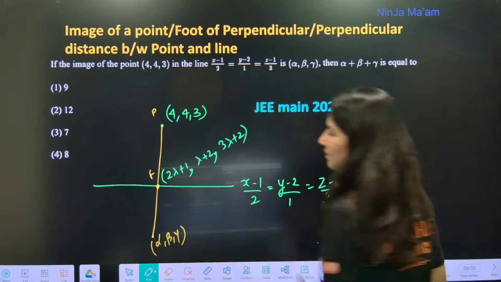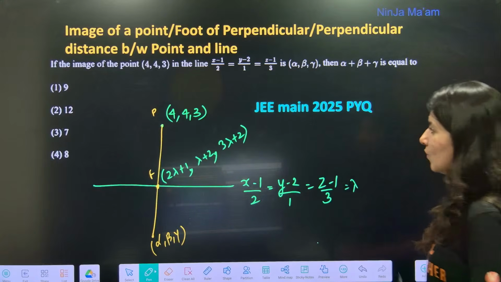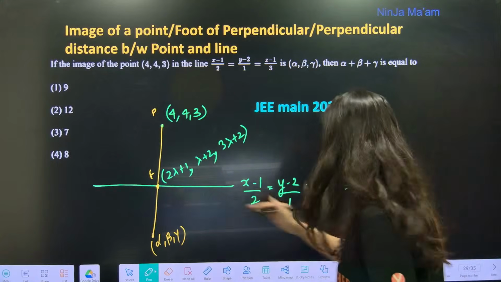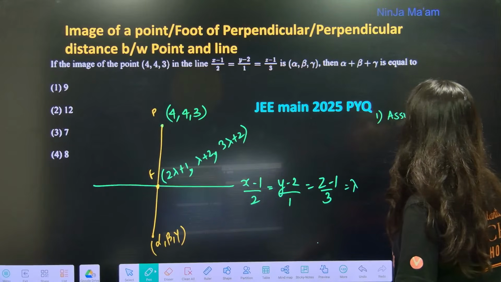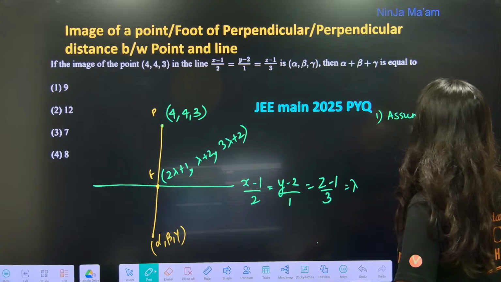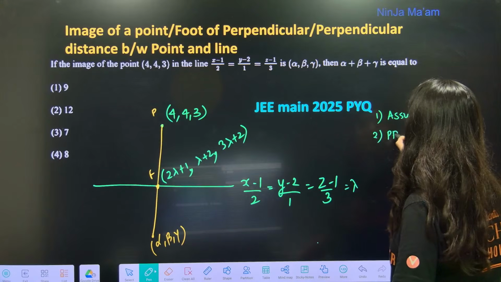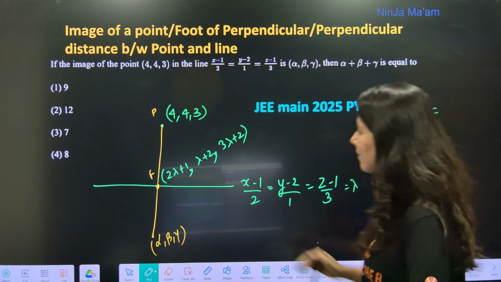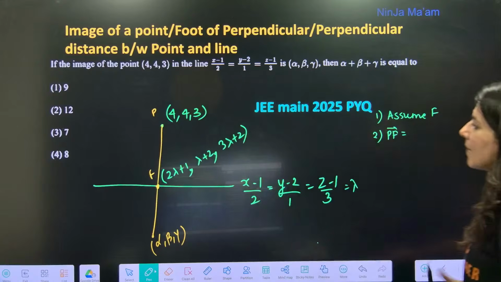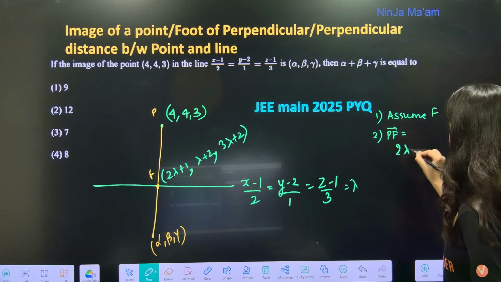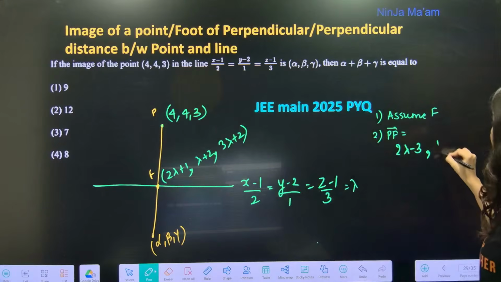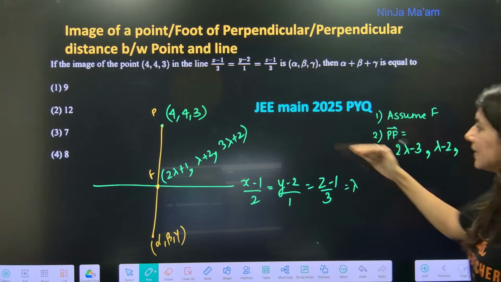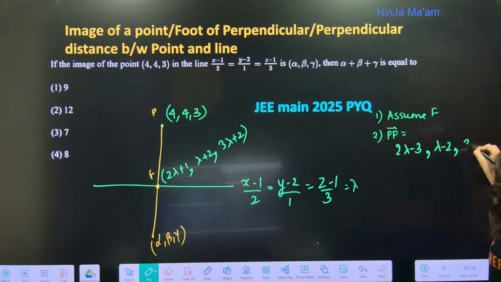Now we know that PF vector dot direction is zero. First step, assume F. Second step, calculate PF vector. Everybody can tell me: PF vector is (2 lambda plus 1 minus 4), so 2 lambda minus 3, (lambda plus 2 minus 4), so lambda minus 2, and 3 lambda minus 1.